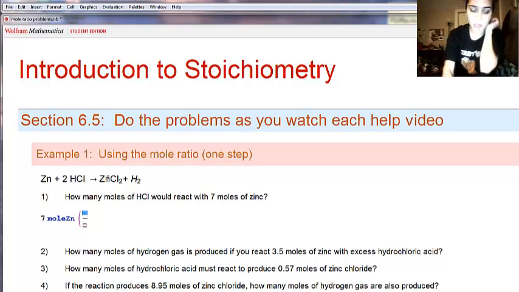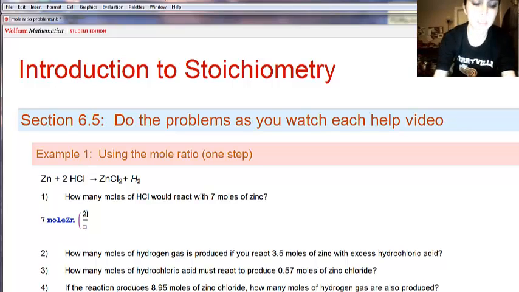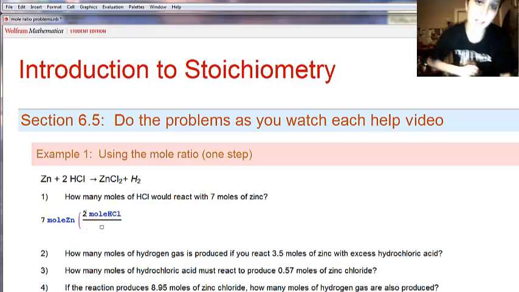So, in our numerator, we always put what we want to end with. And in our denominator, we put what we want to get rid of. So in this case, we want the number of moles of hydrochloric acid. So going back to our balanced equation right here, we see there are 2 moles of hydrochloric acid, and again, I'm going to do mole HCl as the unit.